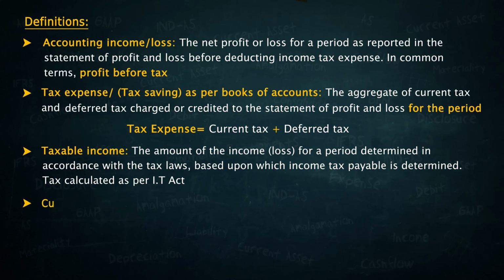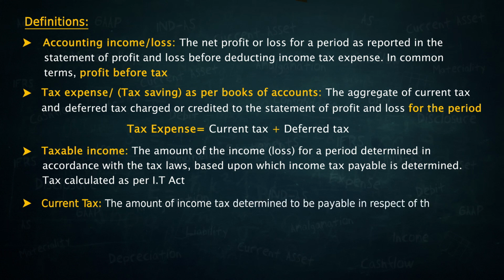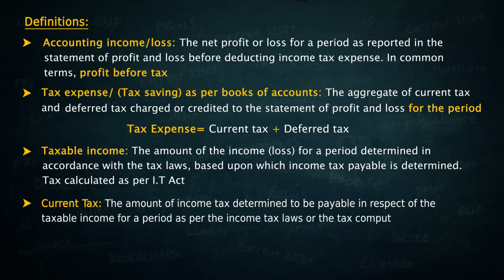Next, current tax. It is the amount of income tax determined to be payable in respect of taxable income for a period as per income tax laws, or tax computed on taxable income which is payable in the period. We spoke about taxable income. On taxable income, if you apply tax rate, we arrive at something called as current tax.